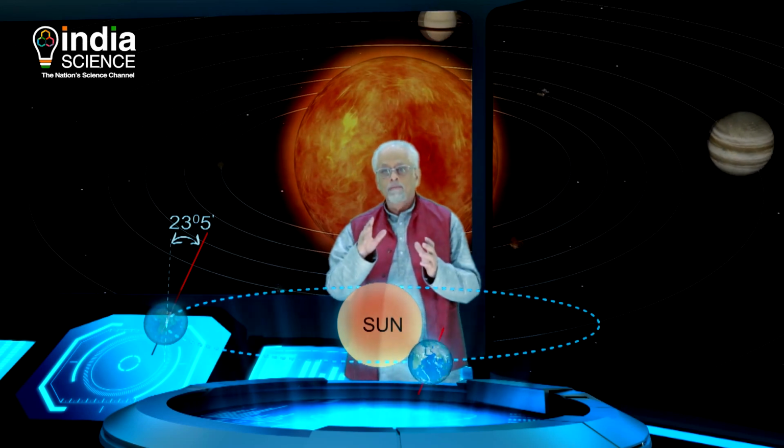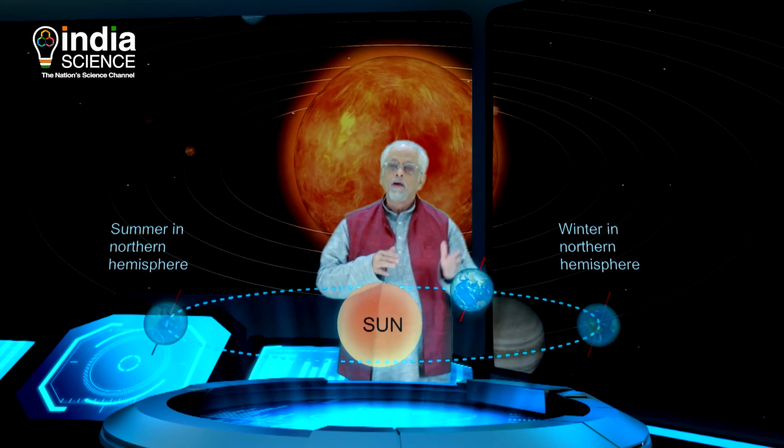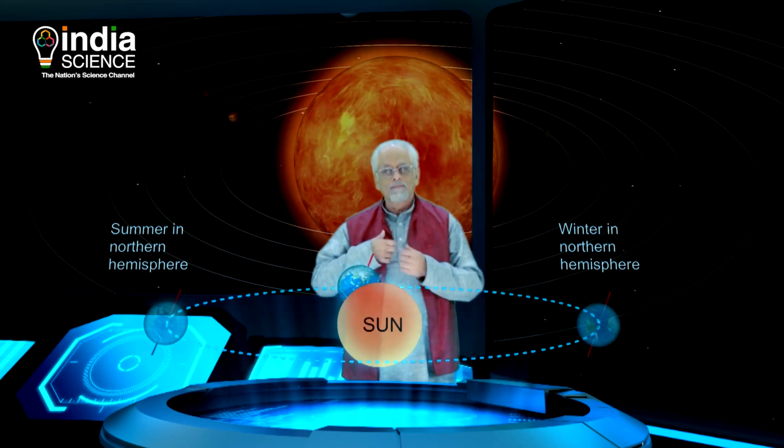For half the year, the northern hemisphere is tilted towards the sun. And for the other half, it is the southern hemisphere which is tilted towards the sun.